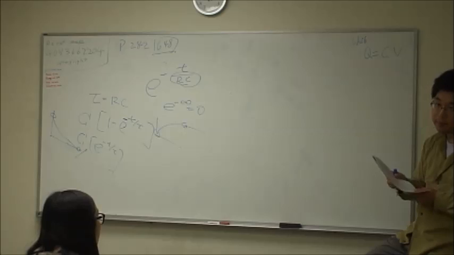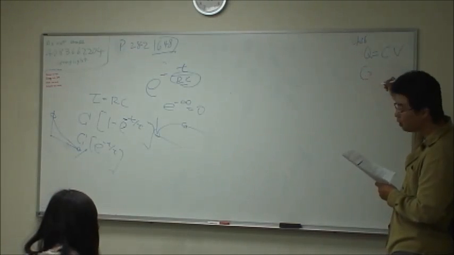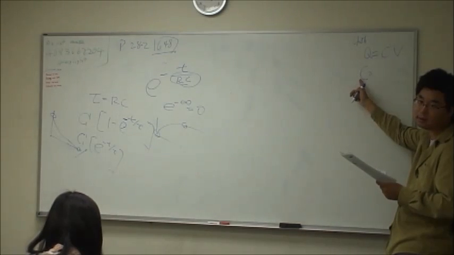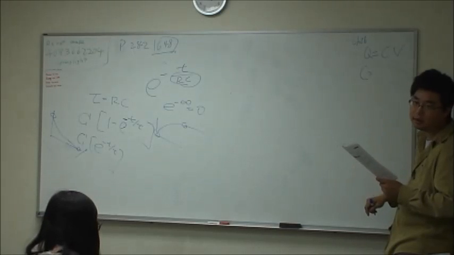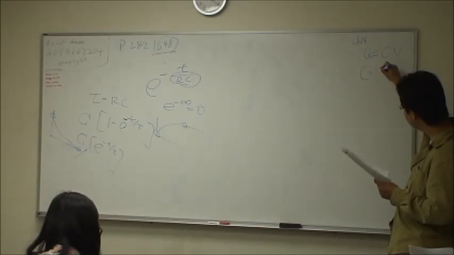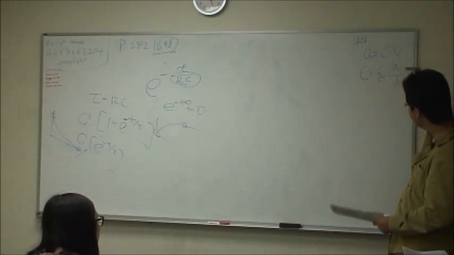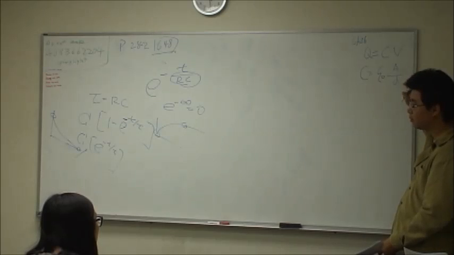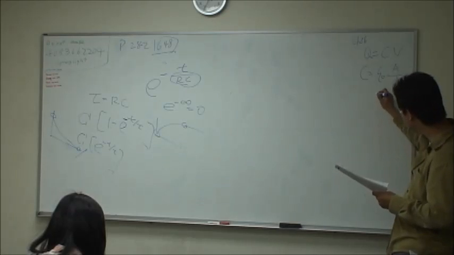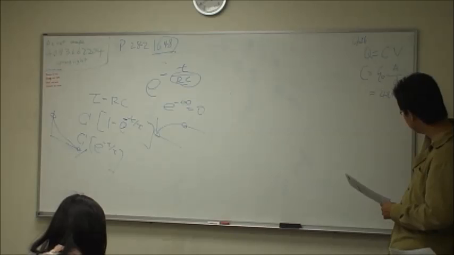And for a parallel plate capacitor, this is chapter 26, page 606, the capacitance is equal to epsilon 0 times A over d. Proportional to the area, inversely proportional to the distance between the two plates. And for a single sphere it is equal to 4 pi epsilon 0 times R.